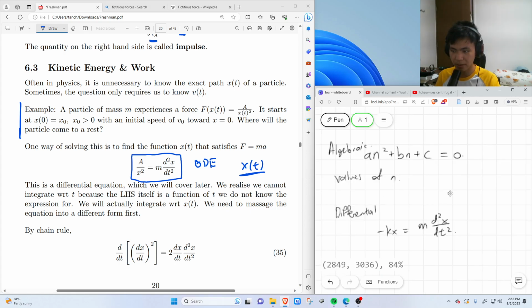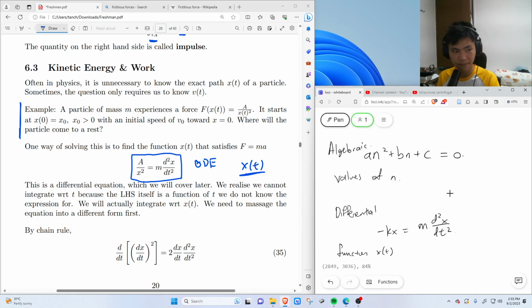Perhaps you're given an equation like that, and instead of finding values of x that satisfy this, you need to find functions x of t that satisfy this differential equation, meaning that when I substitute x back into this differential equation and take the derivative on the right hand side twice, and multiply by m, I should get minus kx.